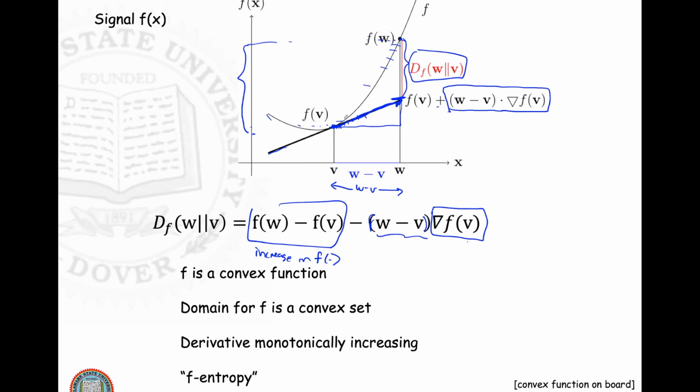So it says as you go a certain distance, w minus v away, how does that compare to the slope projecting along that constant rate of change at f of v? Okay, and this is called f-entropy. Sometimes it's called Bregman divergence. But this f-entropy is more general, and it's a nice framework that you can define an entropy on a broader class of functions beyond just probabilities.